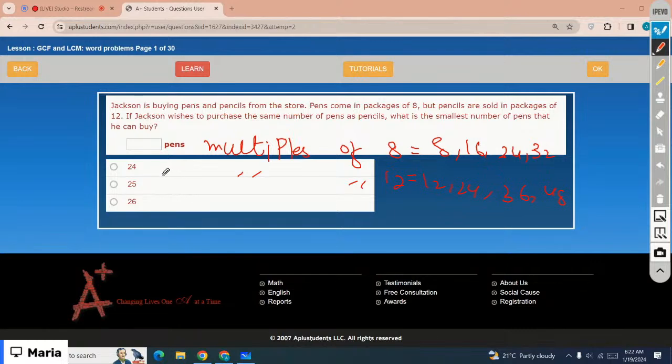So which is the least number that is common? 24, right? That means the smallest number of pens that he can buy is 24. Got it?